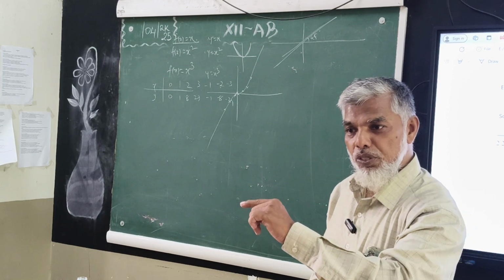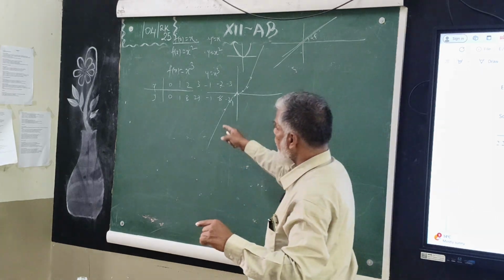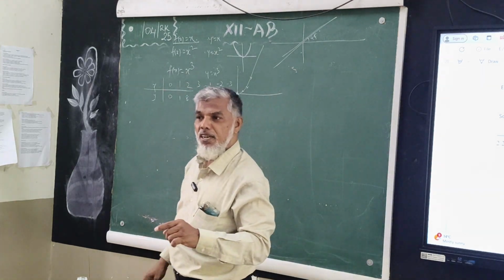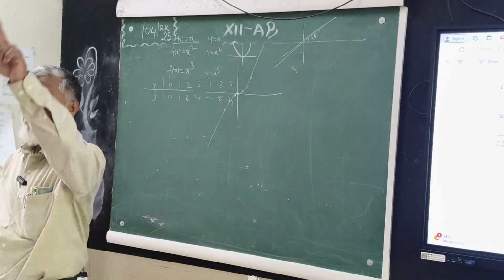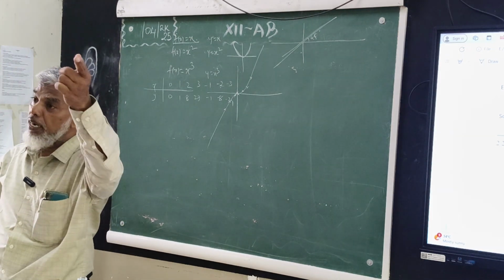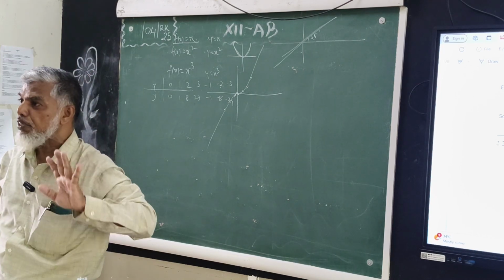What is the definition of a point of inflection? Find f dash of x equal to 0, and if f double dash, triple dash is not equal to 0, no point of inflection.